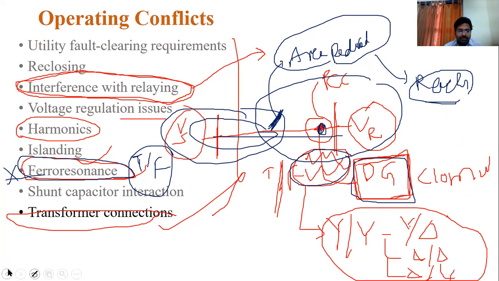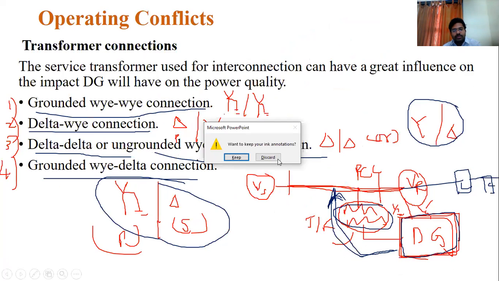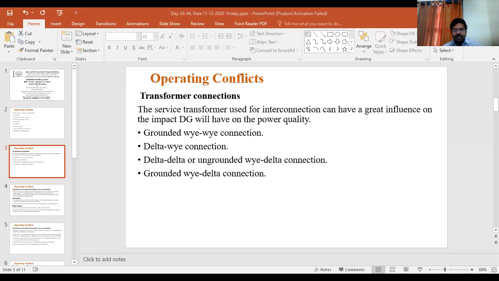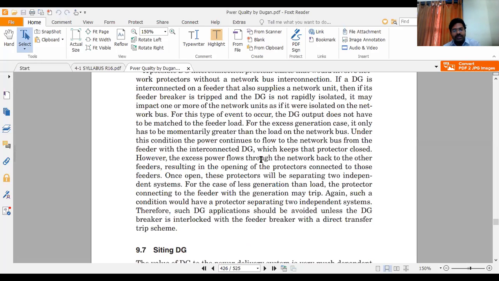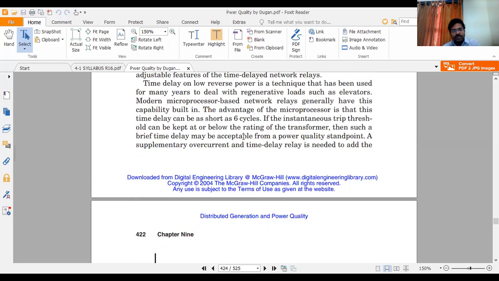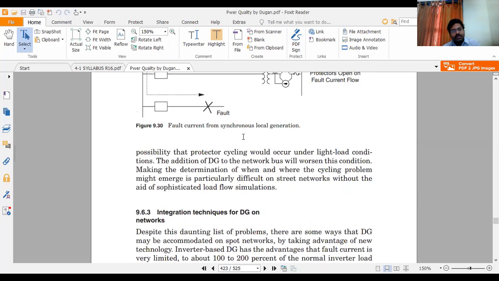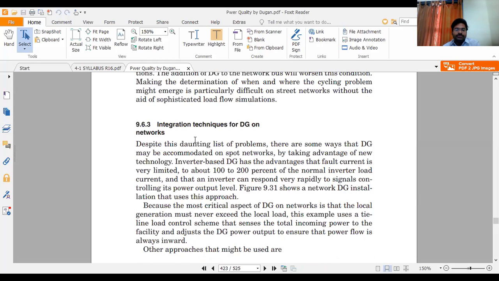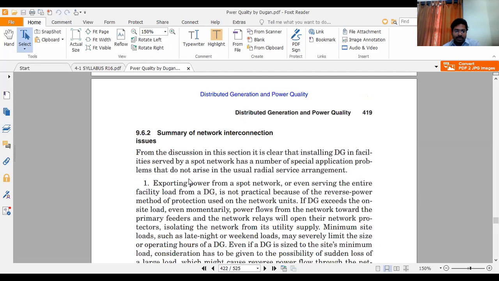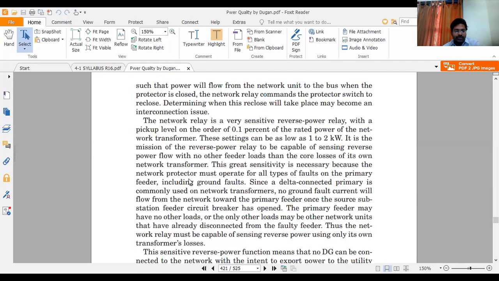By the next class, we are going to see the remaining last topic in this unit. It is a simple topic, but it is also important to cover.